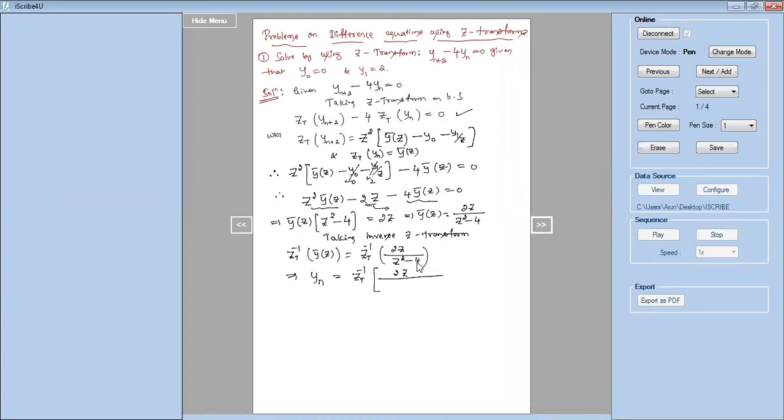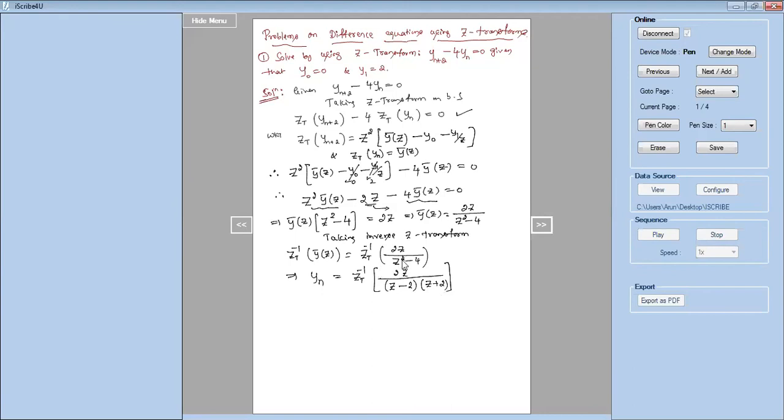If you have a term like this, you have to factorize it. You know z square minus 4 can be written as z minus 2 into z plus 2. It is like a square minus b square, a minus b into a plus b, so that you get a product of two linear factors in the denominator. And once you have product terms like this, I can find the inverse Z transform easily.